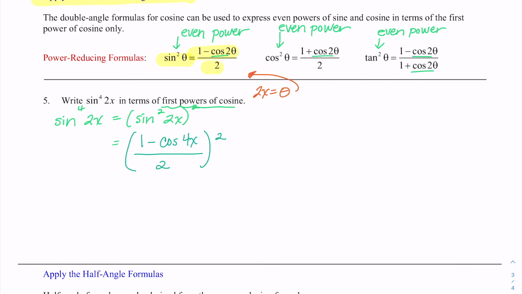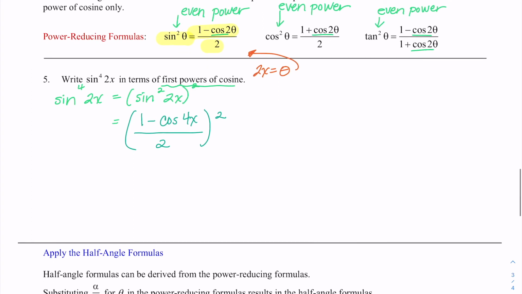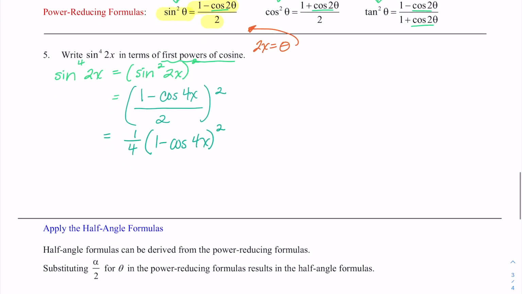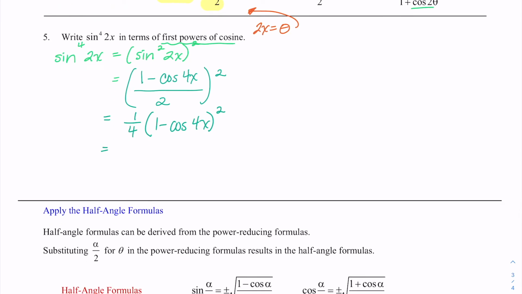Okay, let's keep going. So now, squaring this, we will take the 1/4 out, factor that out, and we will have 1 minus the cosine of 4x all squared. So when we square 1 minus the cosine of 4x, we will have 1 minus 2 cosine of 4x, and now we're going to have a cosine squared of 4x.